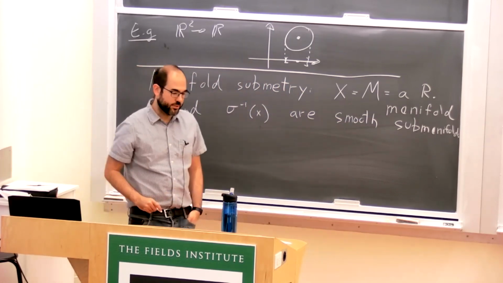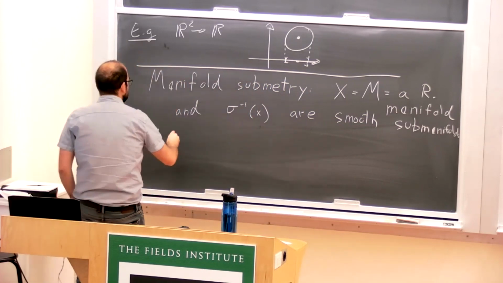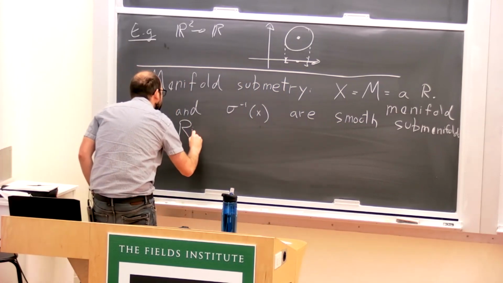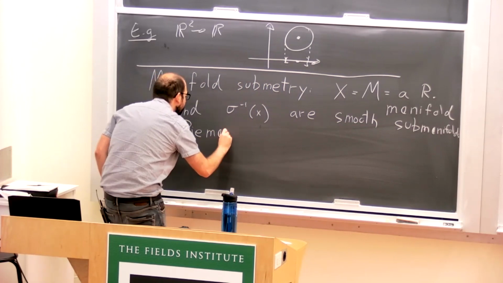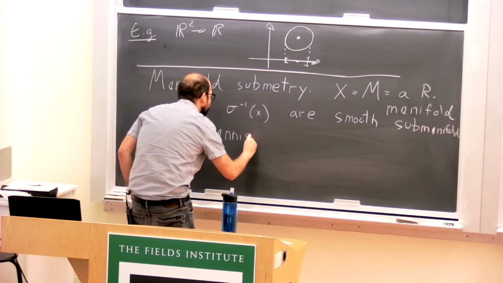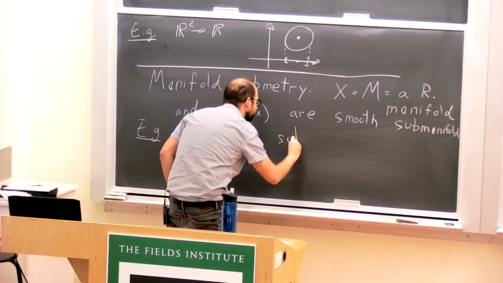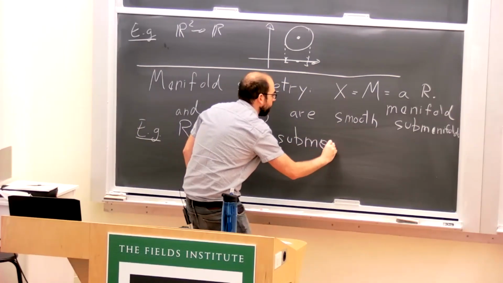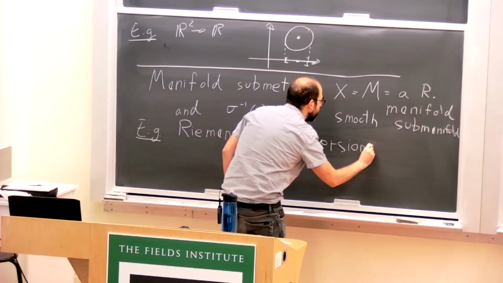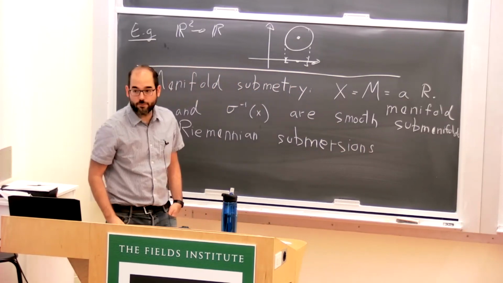So what are some examples of manifold submetries? Riemannian submersions are one typical example of this.